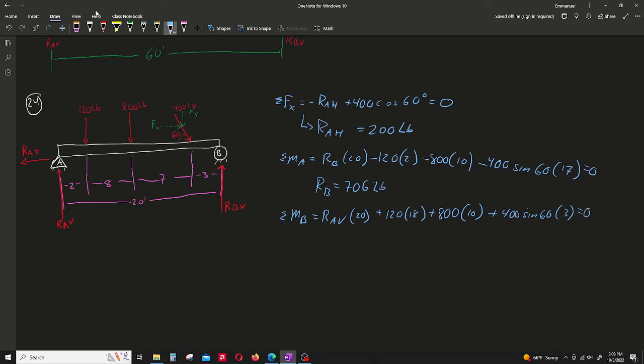That's going to be equal to 0. And so therefore RAV is now equal to 560 pounds.